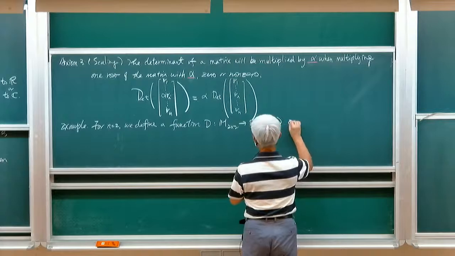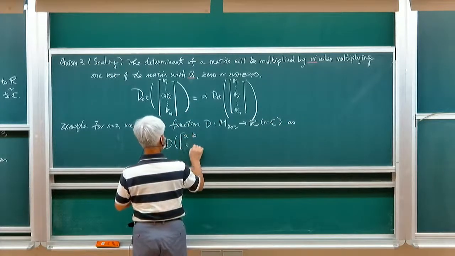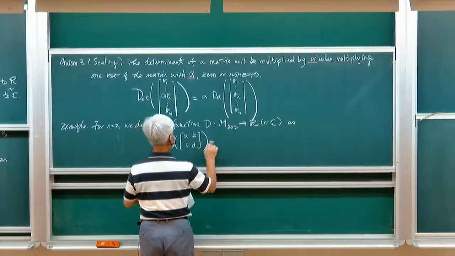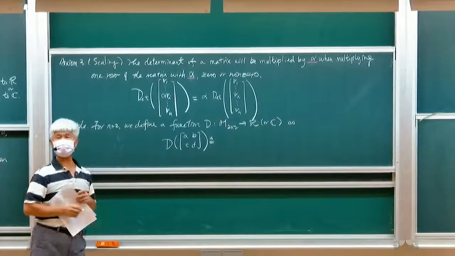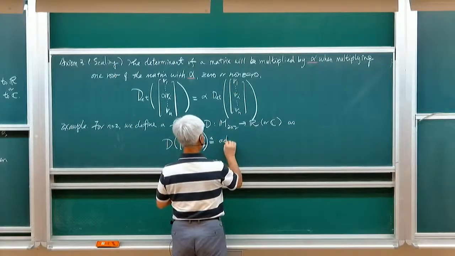As here, A, B, C, D. So the function value of this 2 by 2 matrix is AD minus BC.